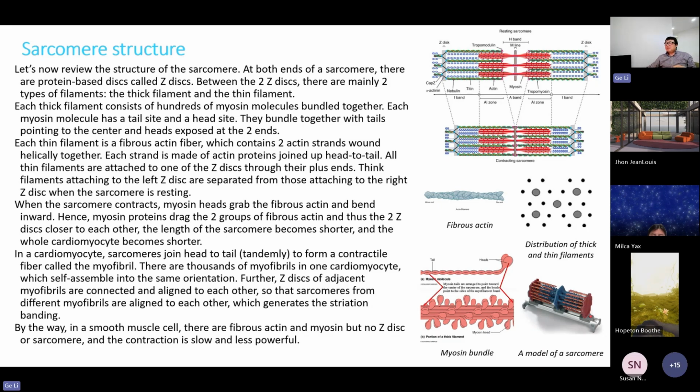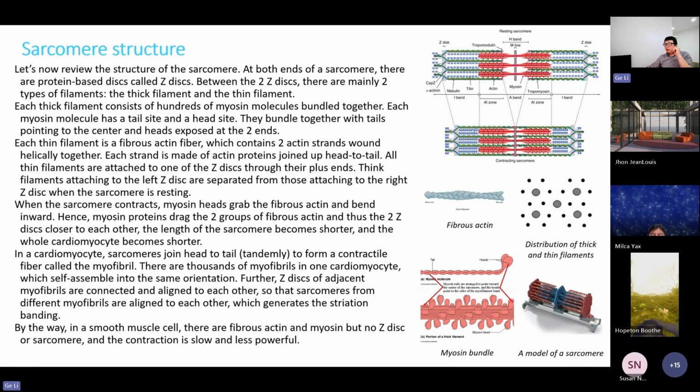And then in the center of the sarcomere, there is a large bundle of the myosin. This is a bundle of myosin, another bundle of myosin, another bundle of myosin. And this large bundle of myosin has two heads, pointing to two directions of the sarcomere. And then in both directions, there's another group of actin.